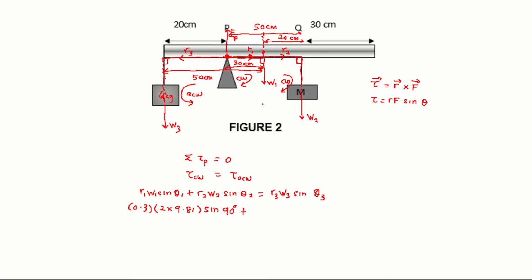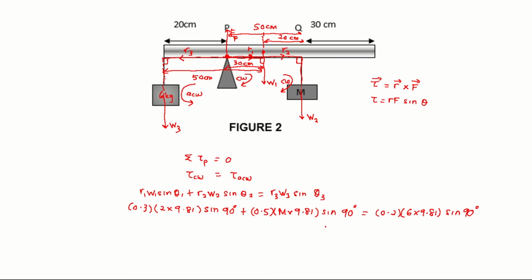plus R2, which is 50 cm, so 0.5 times mass M times 9.81 sine 90 degrees, equals R3, which is 20 cm, so 0.2 times 6 kg, 6 times 9.81 sine 90 degrees.